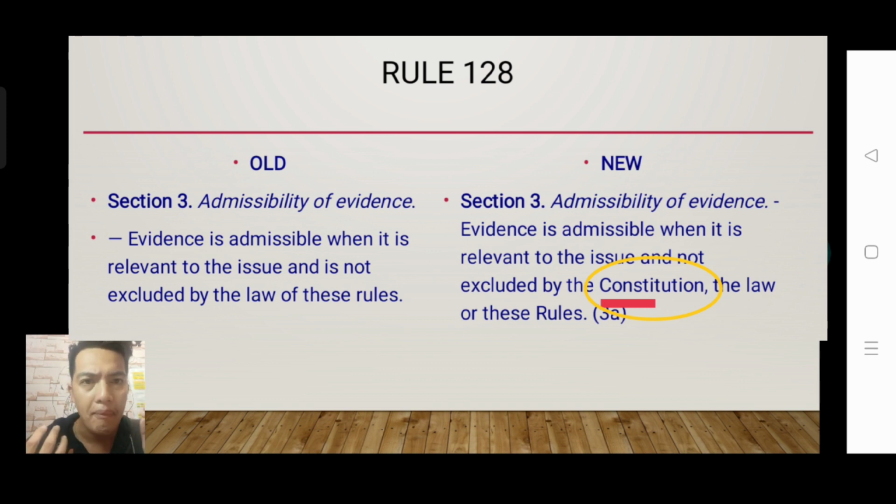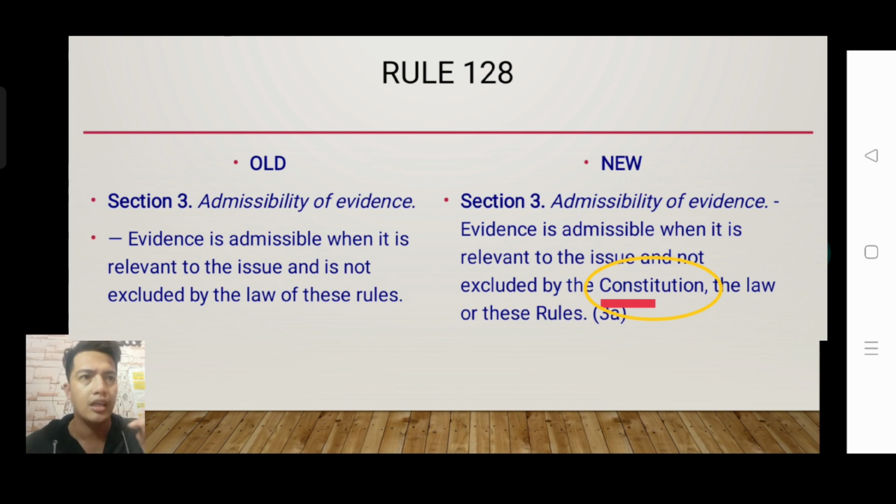Under Republic Act 4200, any evidence acquired by overhearing a conversation without the consent of the parties is inadmissible in court because it is not competent to be admitted as evidence. So that is a prohibition under Republic Act 4200.